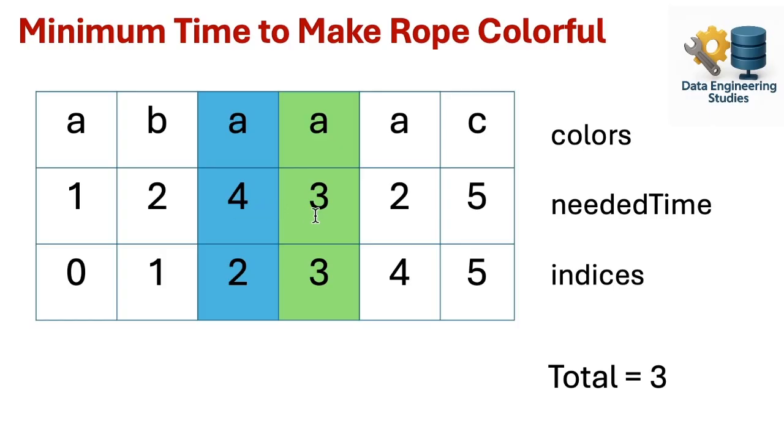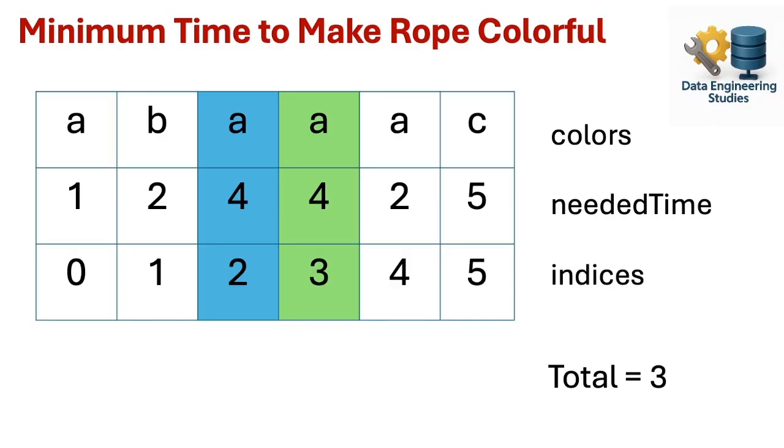Comparing the 4 and 3, the max is 4. So we will change the needed time of i to 4. So 3 becomes 4. Why are we changing that to the max value? So that in the next comparison, we will compare with the max element of the previous elements. I hope it makes sense.